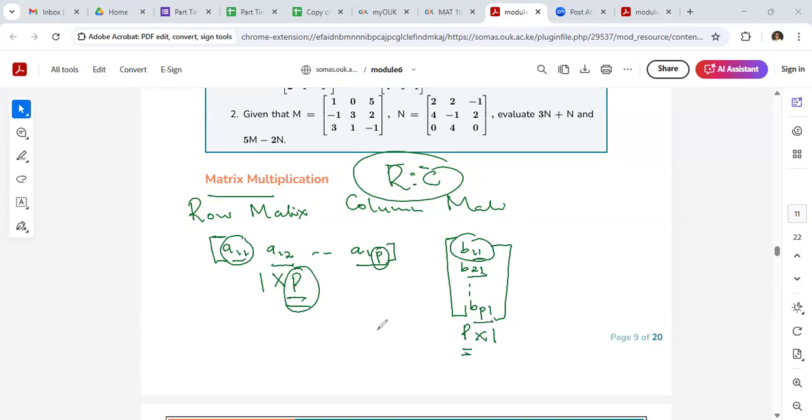So each must have a corresponding element. And therefore, even before you carry out matrix multiplication, you must look at the number of columns and the number of rows. If they're not the same, then the two matrices are not conformable for multiplication.